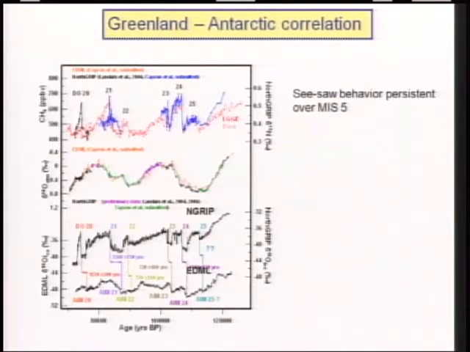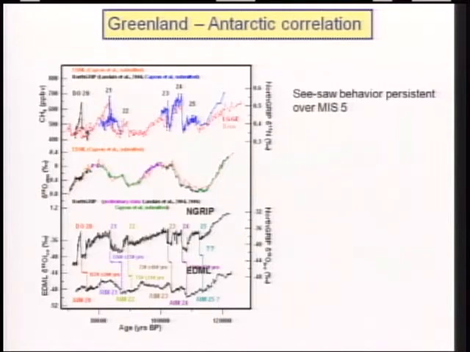So that's, let's say, the classical seesaw behavior. So the first conclusion here is that for marine isotopic stage 5, that is to say with different orbital and sea level background, we have exactly the same seesaw behavior as was observed for marine isotopic stage 3.